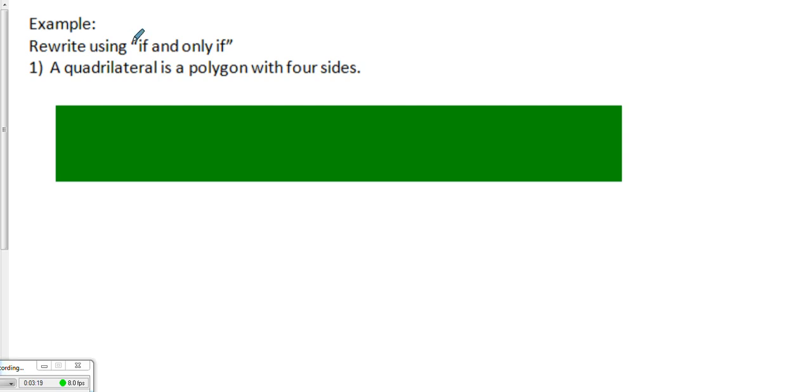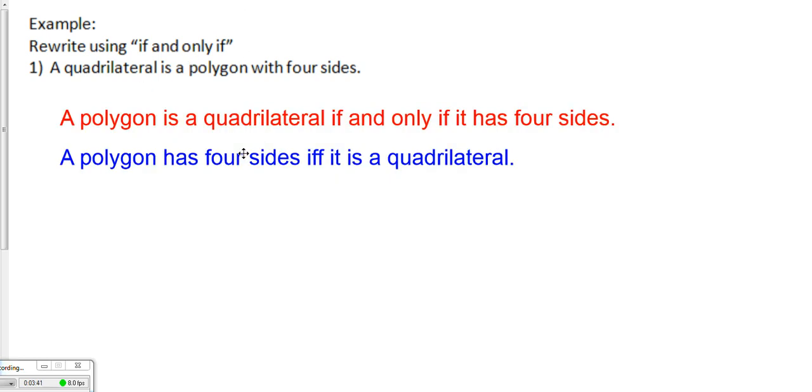For another example, we're going to rewrite using the if and only if form. A quadrilateral is a polygon with four sides. Again, notice we're using a definition. The definition of quadrilateral is a polygon with four sides. That's how we know for sure that it's going to be a true statement either way we put it. So we can use if and only if. A polygon is a quadrilateral if and only if it has four sides.